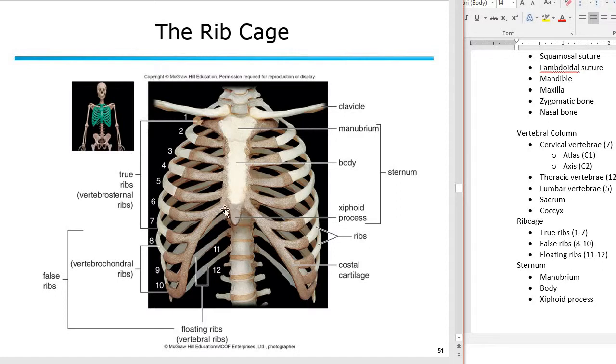The xiphoid process, if you ever have to do CPR, that's what they tell you to find. So if you can find where the rib cage comes together, that's where the xiphoid process is going to be, and then you measure how many fingers up from the xiphoid process, and that's where you do the compressions for CPR.